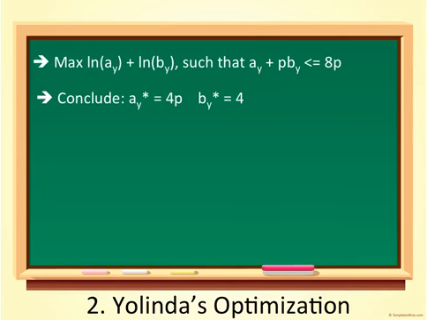Okay, using similar logic as we did before, we can conclude that Yolinda, when she's optimizing for an arbitrary P, wants to buy 4P apples, and she will consume 4 bananas. So she did a similar thing. She took her initial endowment and then split it 50-50 in terms of market value between bananas and apples.